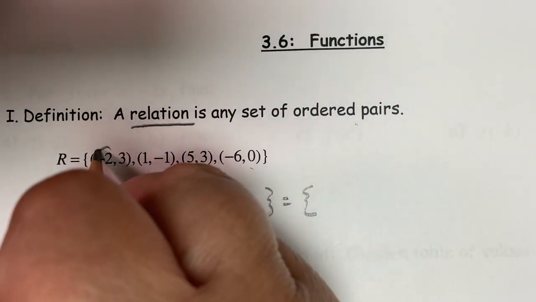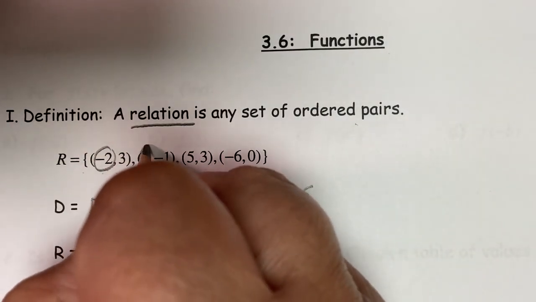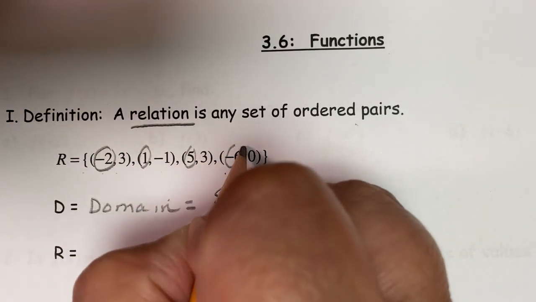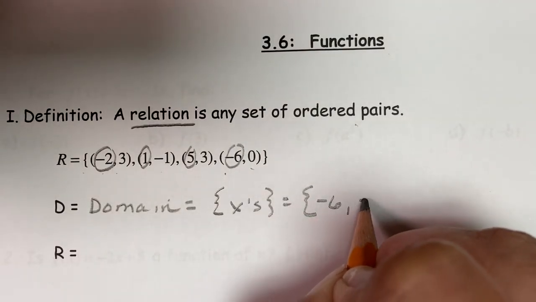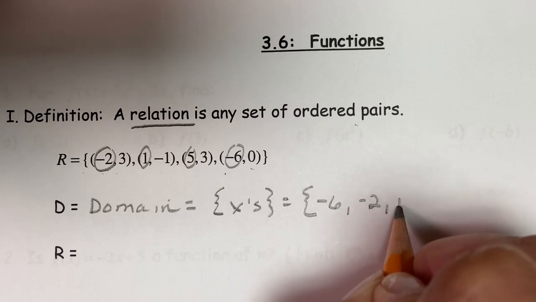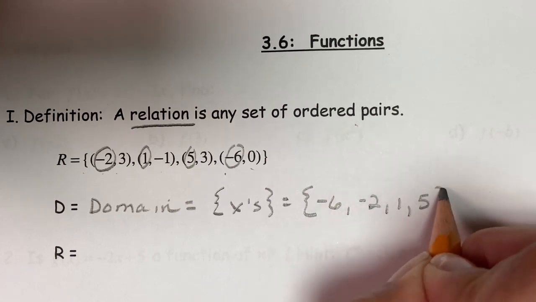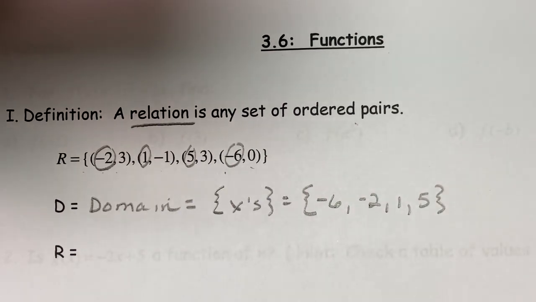So if I look at just all of my x's in all of my points, that represents my domain. In order, it would be -6, -2, 1, and 5. That is the domain of that relation. Domains become very important in your next class, Math 113.